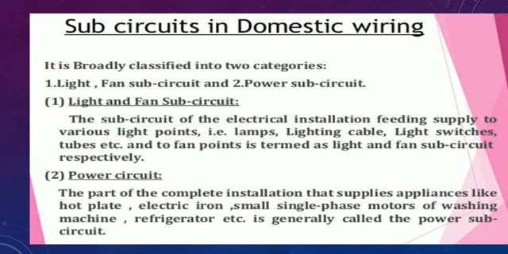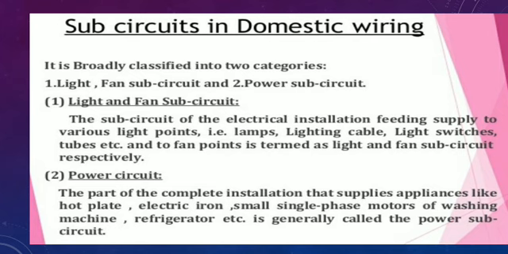The lighting circuit is the sub circuit of the electrical installation feeding supply to various light points, for example lamps, lighting cable, and lighting switches, the tubes, and to fan points, termed as light and fan sub circuits respectively. So light, fan, and the other lights are under the lighting circuit.